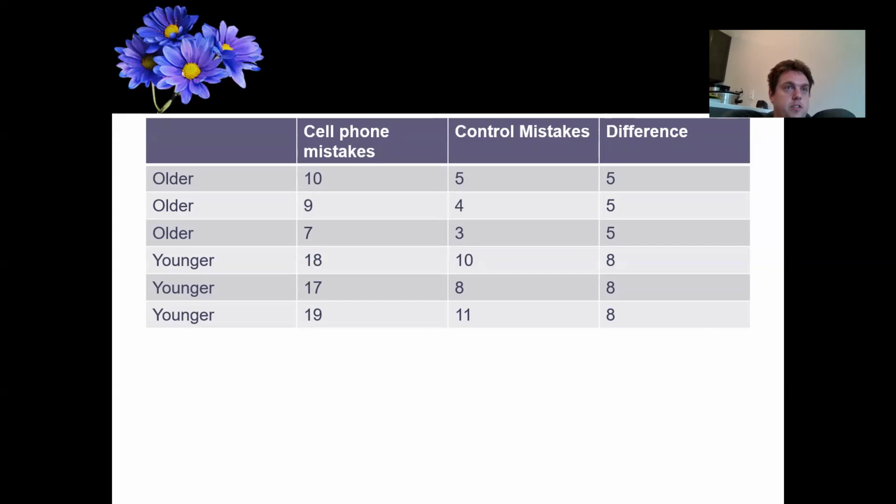However, there could be situations where you do need a representative sample because your findings only apply to a specific part of that sample. So let's say you tested older and younger adults, and you found that there's a difference for younger adults between using a cell phone and not, but not for older adults. Maybe the older adults just don't care about their cell phone; they can ignore it.